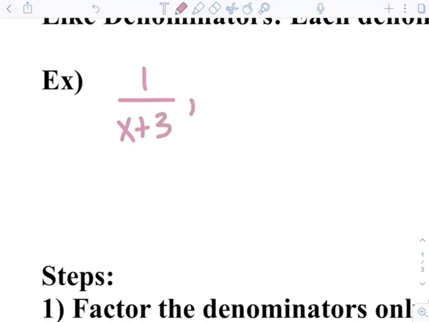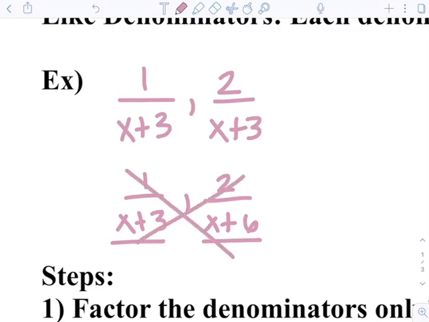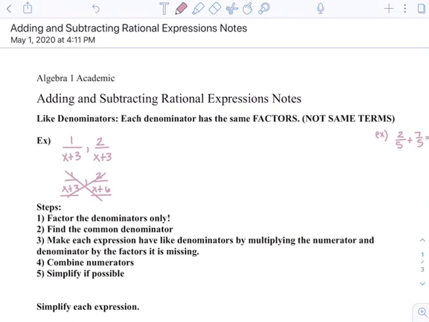Well, then I would need another term that has x plus 3 in the denominator. Something that would be not like denominators would be 1 over x plus 3 and then 2 over x plus 6. Do you see how these aren't matching completely? Then these are not like denominators.